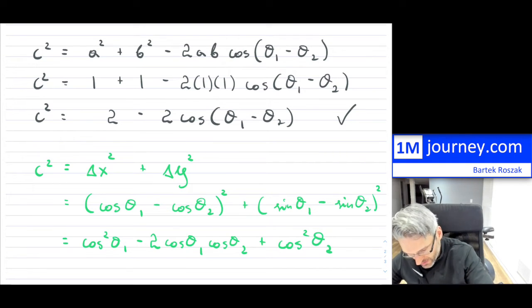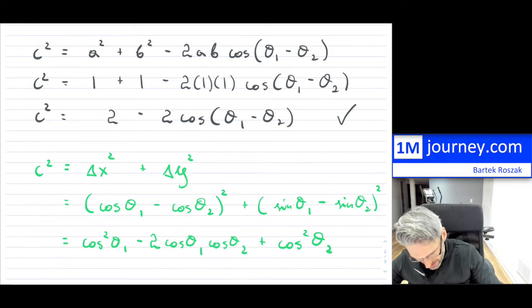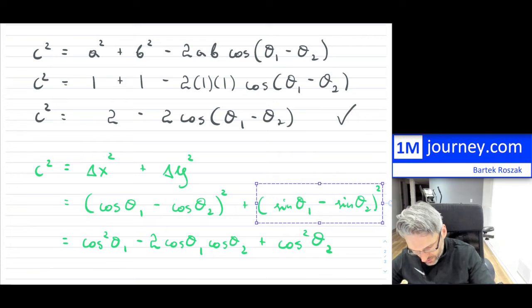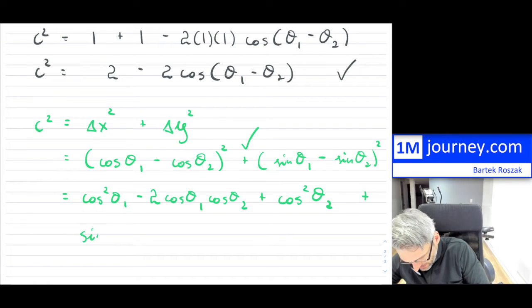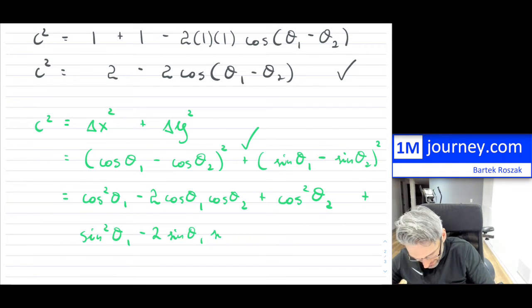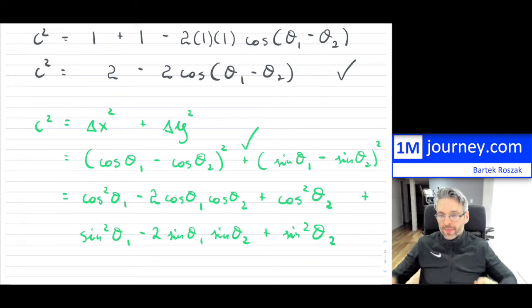I've just done that. Now if I do the same thing and expand the other, I get plus sine squared theta 1 minus 2 sine theta 1 sine theta 2 plus sine squared theta 2.